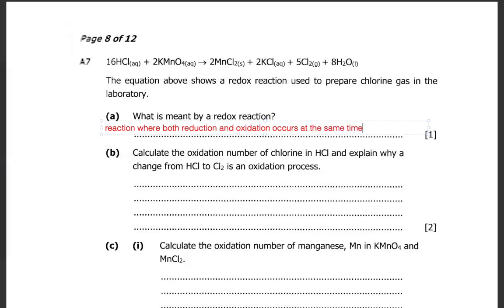RED comes from reduction, and OX comes from oxidation. So it's a two-way thing involved within the same chemical reaction. Redox reactions are types of reactions where both oxidation and reduction take place.